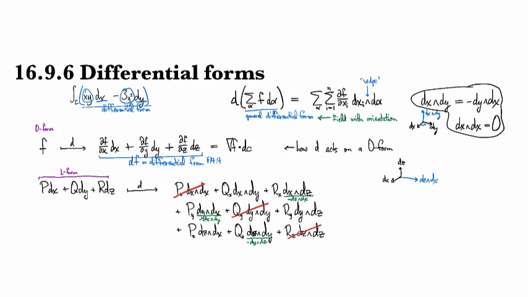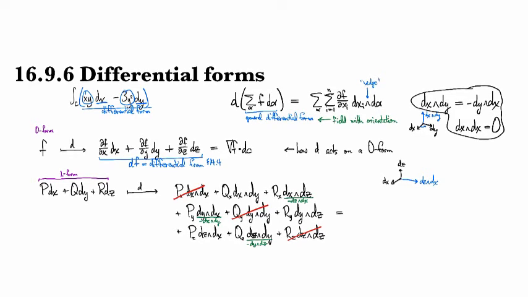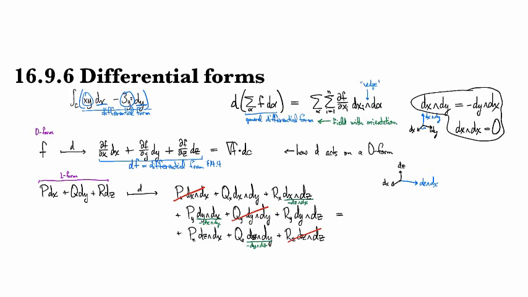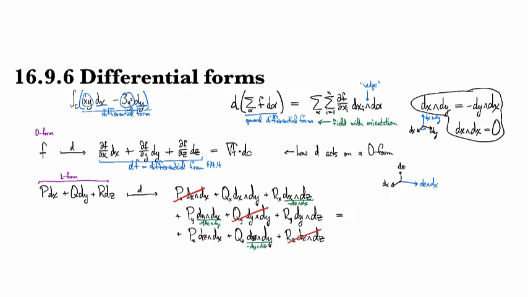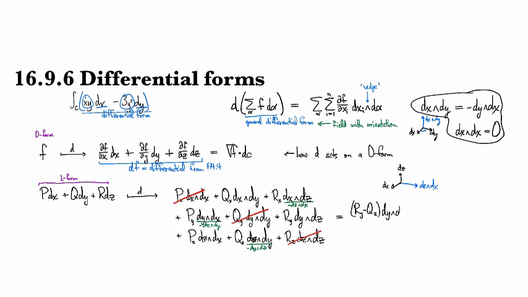Okay, so now we can group. For our first term, this is the x component, and dy wedge dz is what's going in the x direction. So we have ry minus qz, times dy wedge dz.